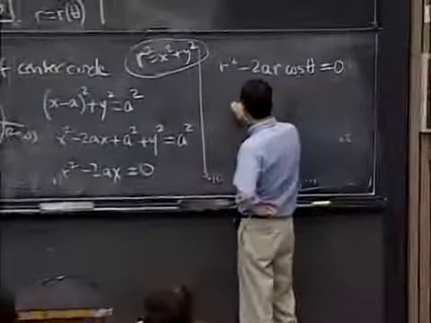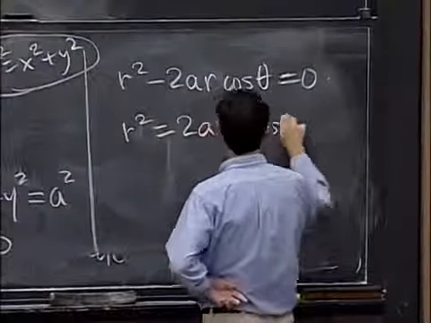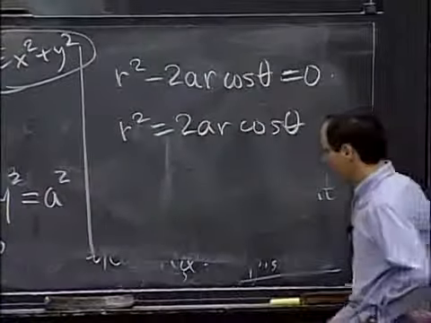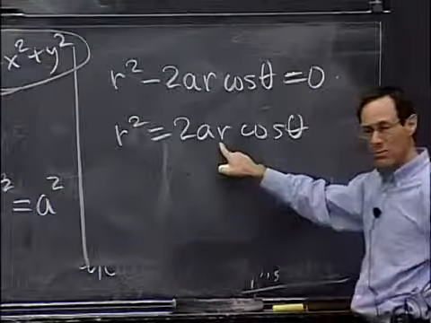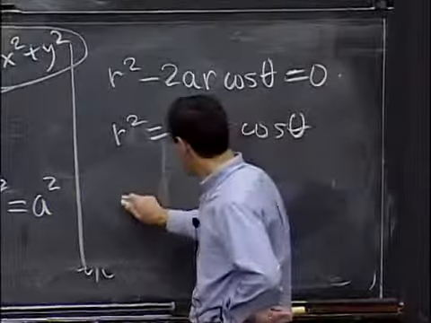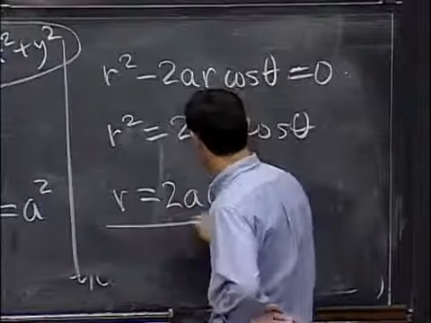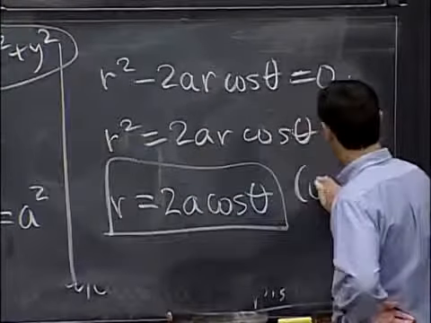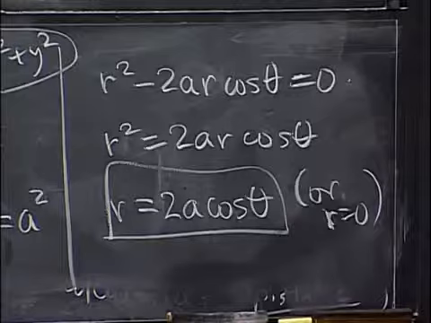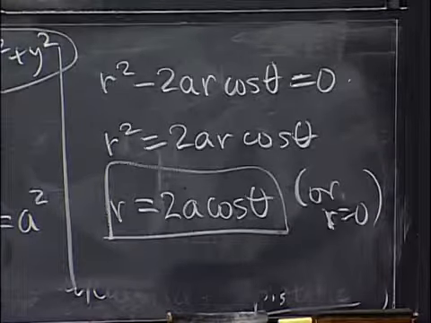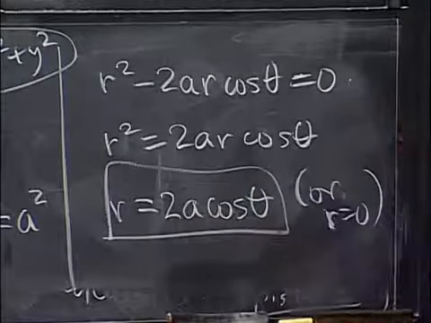And now, this is the same thing as r^2 = 2a r cos θ. And we're almost done. There's a boring part of this equation, which is r = 0. And then if I divide by r, there's the interesting part of the equation, which is r = 2a cos θ. So this is it, or r = 0, which is already included in that equation anyway. All right, so I'm allowed to divide by r because the case r = 0 is represented anyway.